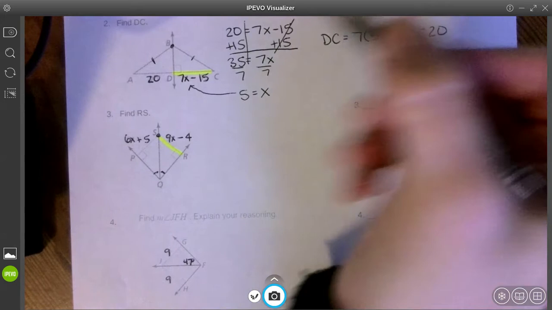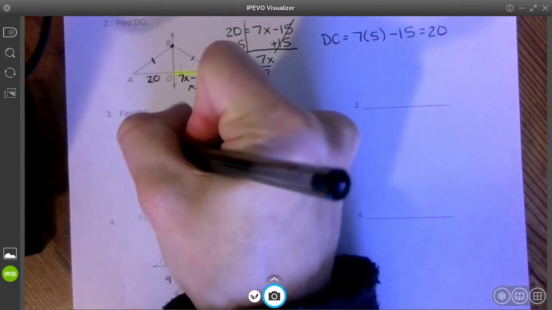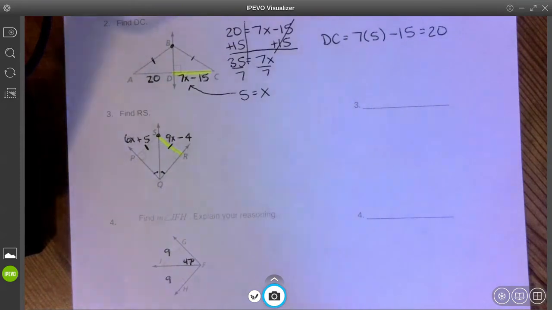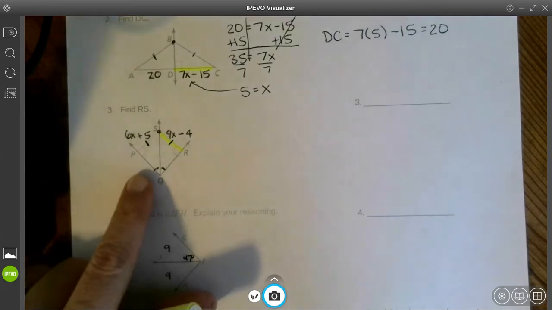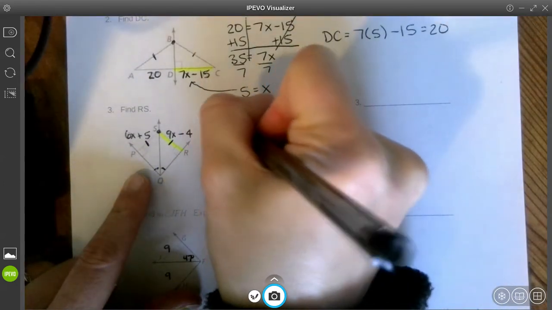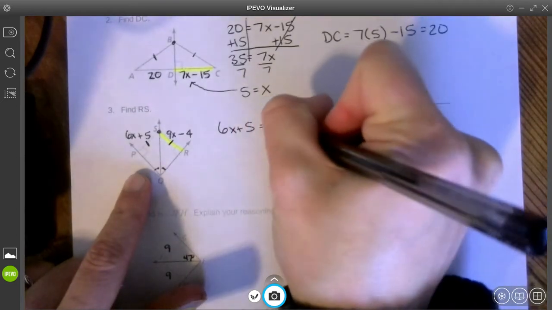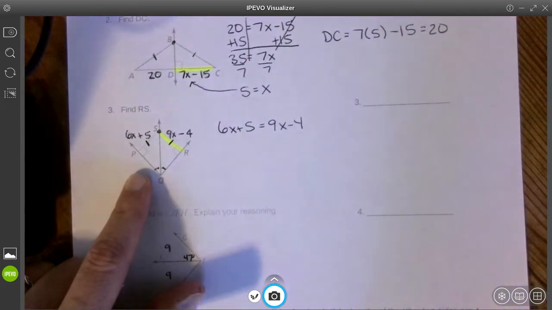What that means is length PS here must be the same as the length of RS. Those two lengths must be the same. So first, I need to set up an equation. 6x plus 5, that length must be equal to 9x minus 4.